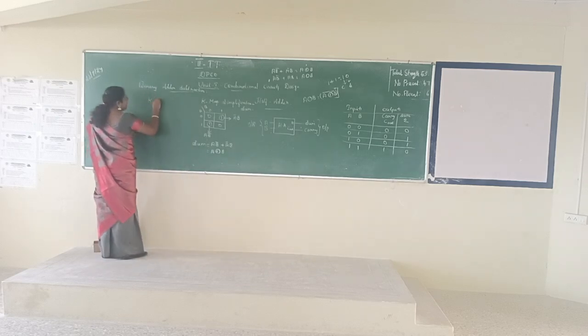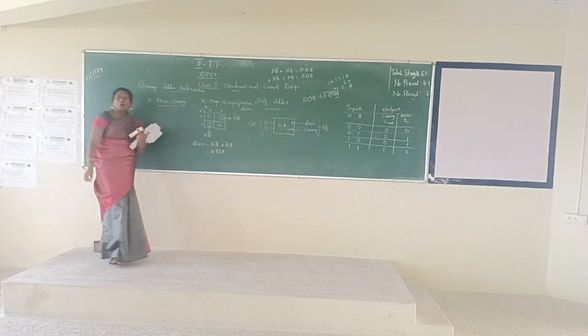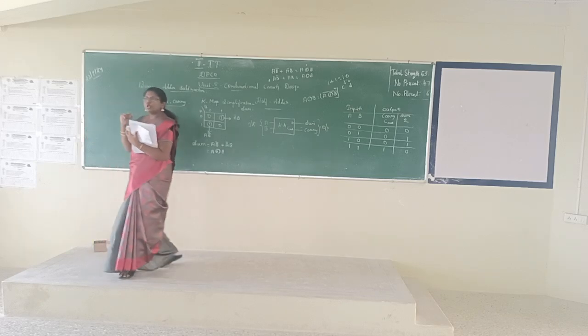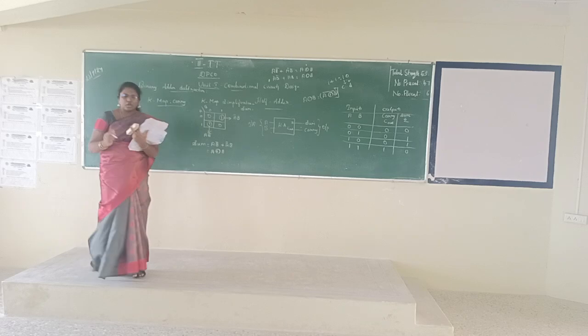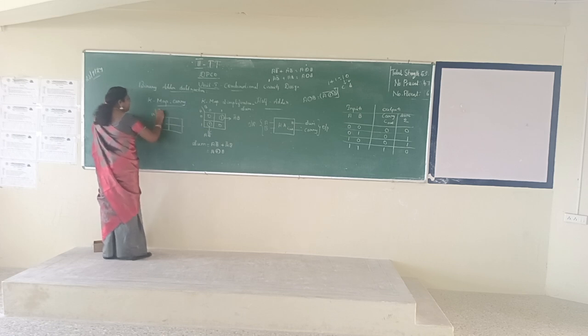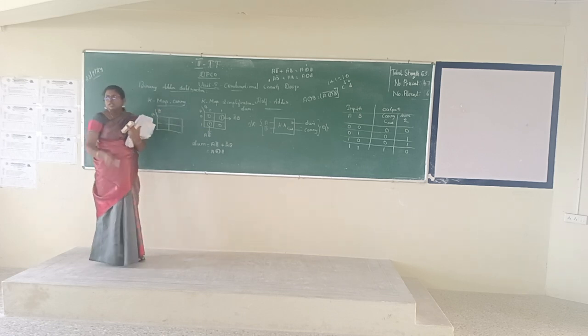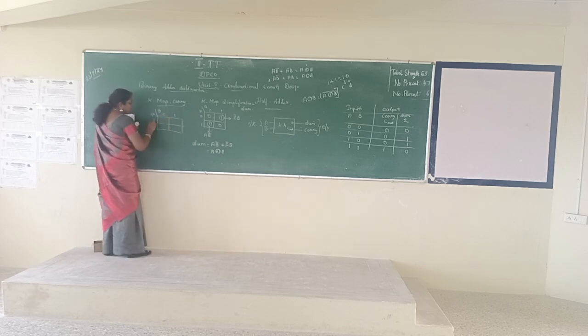Next, we are going to do the K-map for carry. How many inputs are here? 2 inputs. So you need a 2 variable K-map that consists of 4 cells. Here we will write the possible combinations 00, 01, 10, 11.